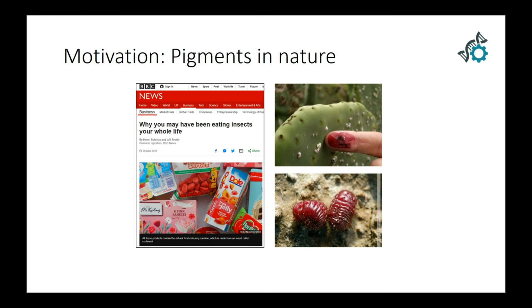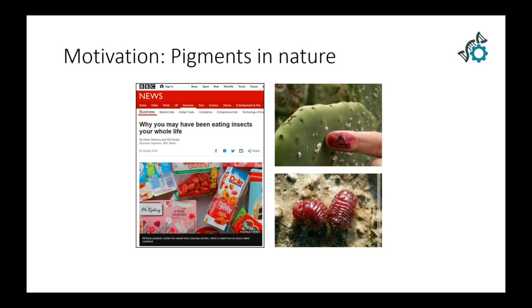So carbonic acid is a naturally occurring pigment in these beetles, and they are living on these cacti in South America. Actually, 25% of the dry matter content of these cactus beetles is carbonic acid. So they are producing loads of this compound that is easily extracted and used in downstream processes.